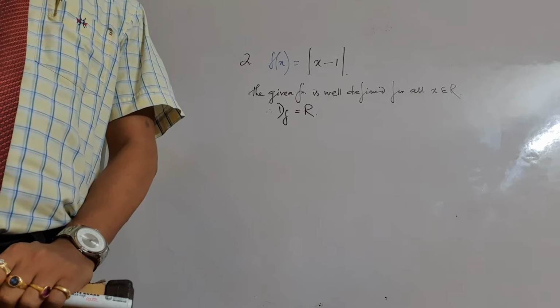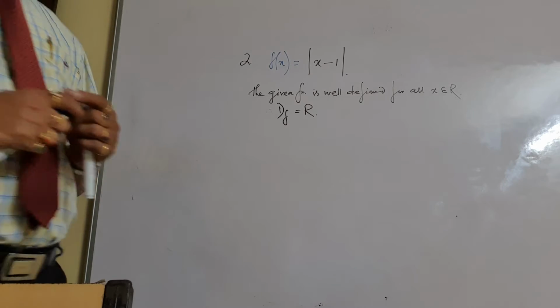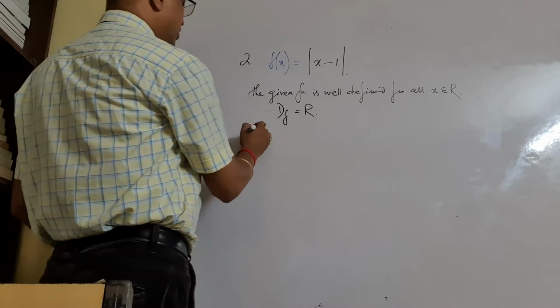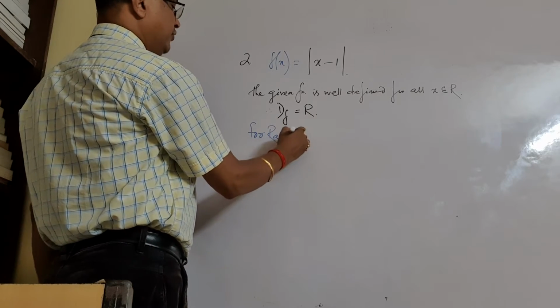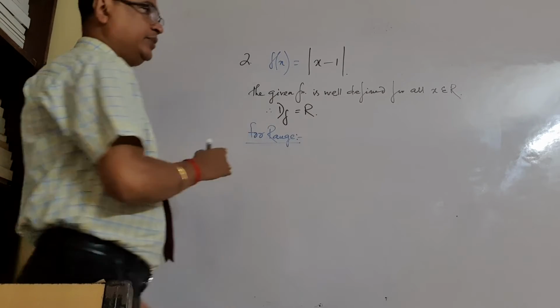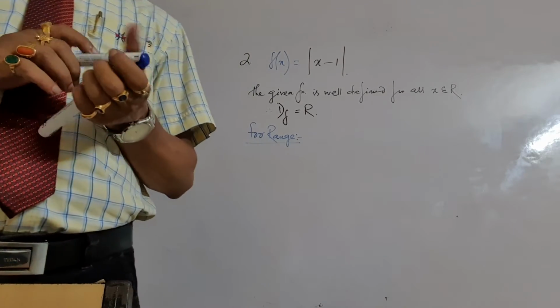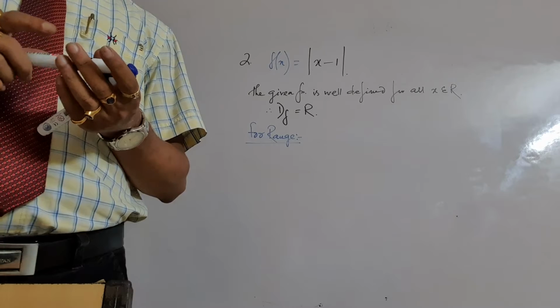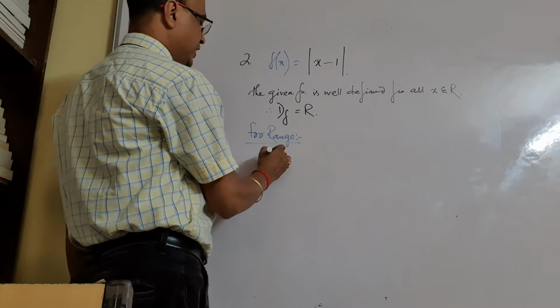Now we have to find the range. For range, we can do it in one way as we did in the previous sum. We can think of what should be the least value and what should be the maximum value, and accordingly we can write the range. Or otherwise, mathematically you can do it like this.